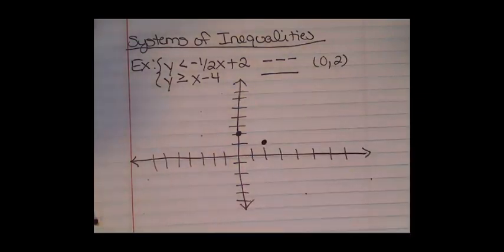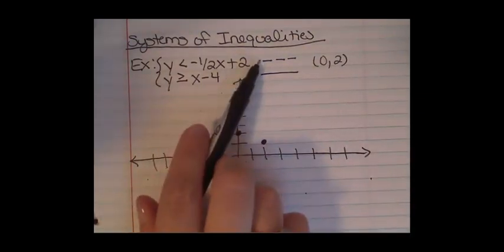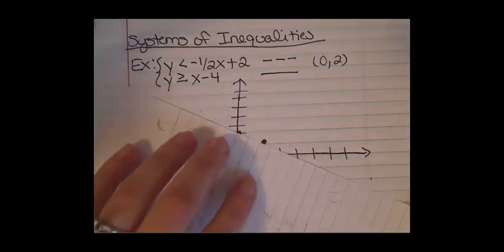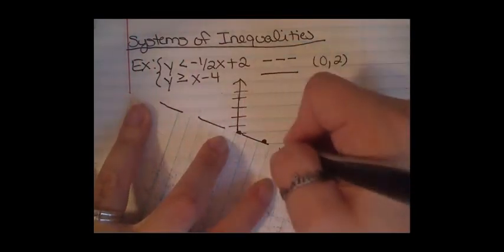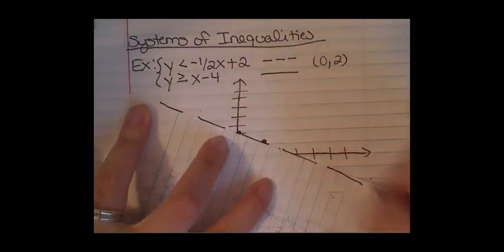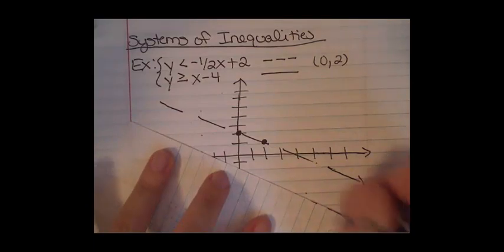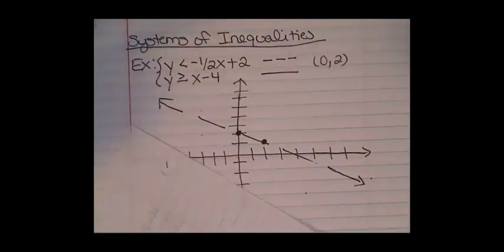It's a dashed line, so when I connect my points, I need to make sure I use a dashed line. So there's a picture of our first inequality.